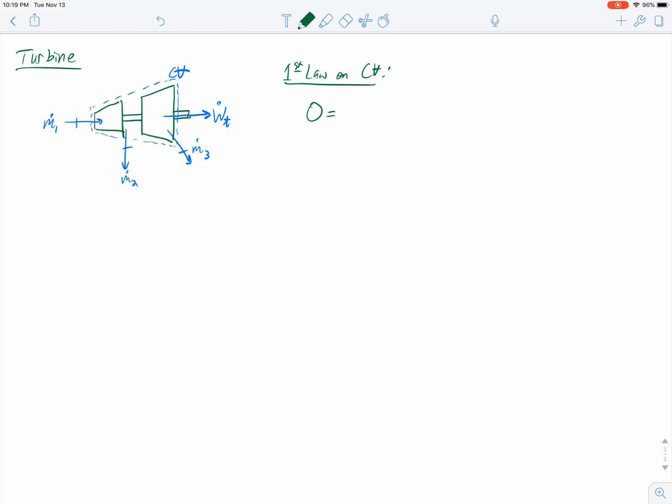A turbine is a device that's intended to take fluid energy and produce work output on a shaft. So the important terms here: I've got the power being generated through work. I have energy being carried in by the fluid through enthalpy. I have energy leaving in 2 locations.